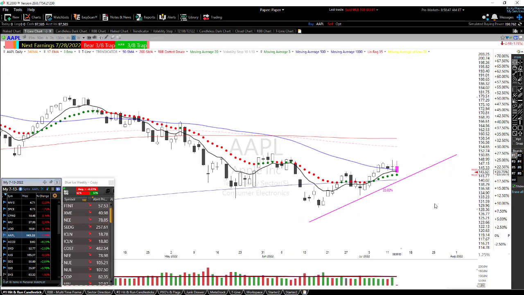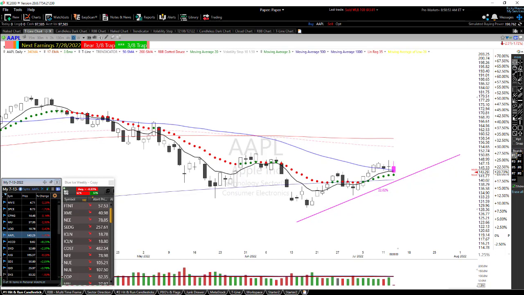Apple. Apple is still setting up, I think, pulling back a little bit with the CPI numbers today. If I take a look at Apple right now, all I see is a little sideways box being made. We may pull back a little closer to trend here to set up. I like Apple, one, because it's Apple. Another reason, because it is in fact trending.